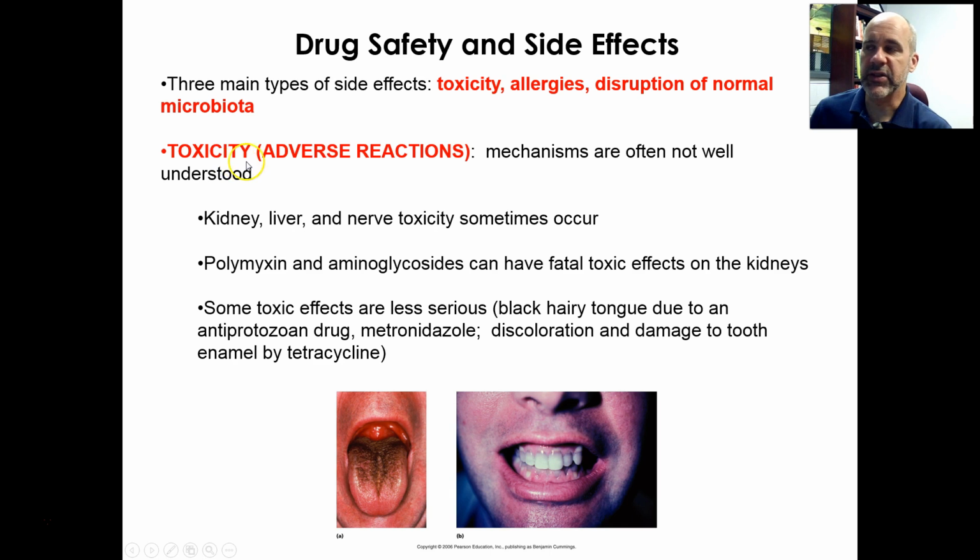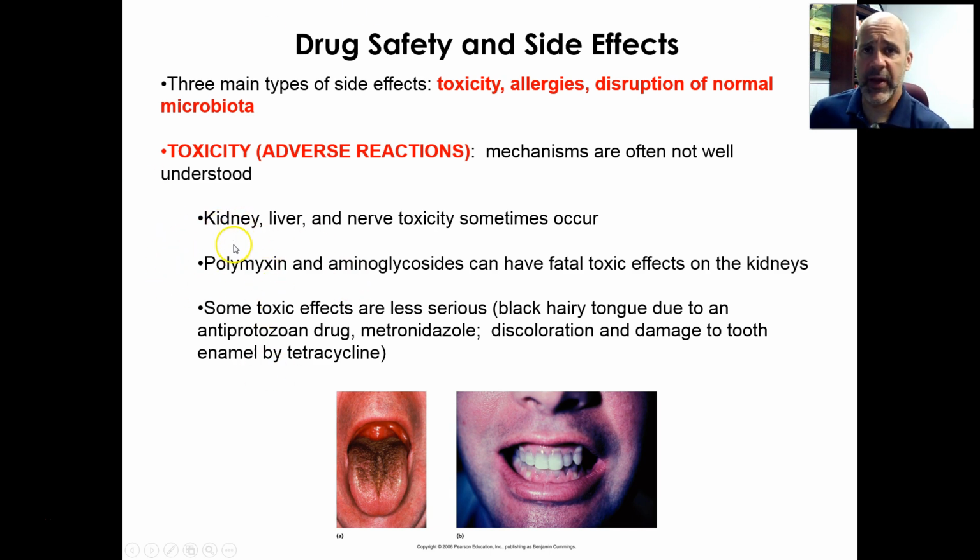A toxic reaction to a drug is sometimes called an adverse reaction or an adverse event, and sometimes we don't know why those are happening. You try to develop these drugs that are very specifically targeting something that goes on in the microbe. We talked about many different examples of how that can happen, but sometimes those drugs will also have effects on some aspect of human metabolism as well.